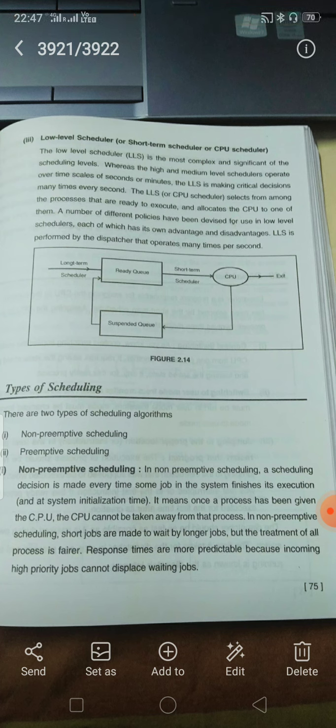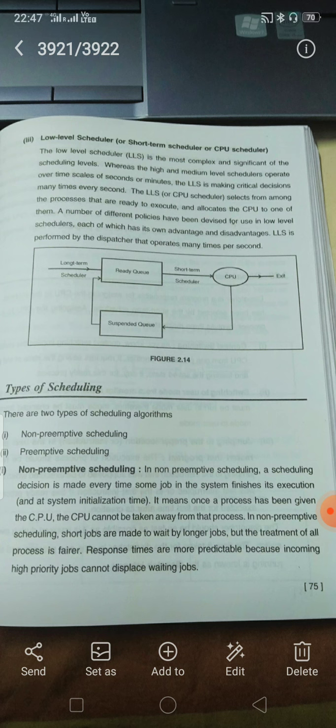It selects from among the processes that are ready to execute and allocates the CPU to one of them. A number of different policies have been devised for use in low level schedulers.